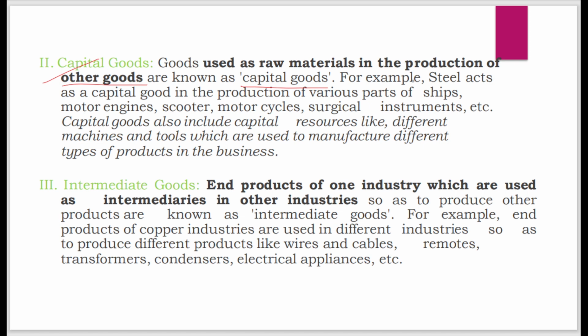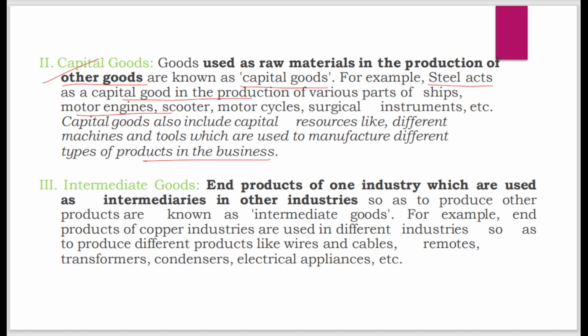Steel acts as a capital good in the production of ships, motor engines, scooters, motorcycles, surgical instruments, etc. Capital goods also include capital resources like the machine tools used in manufacturing different products.